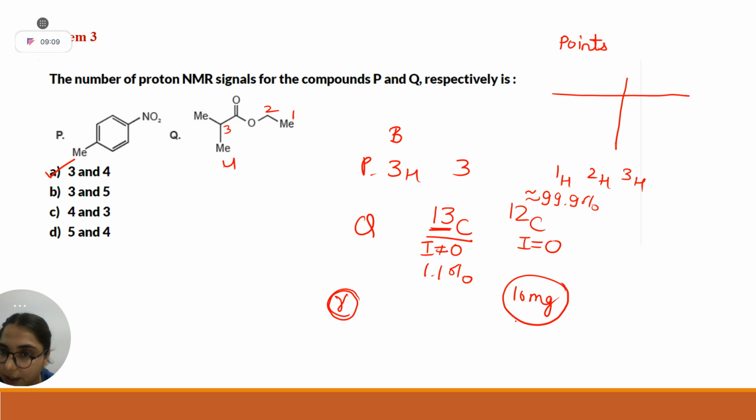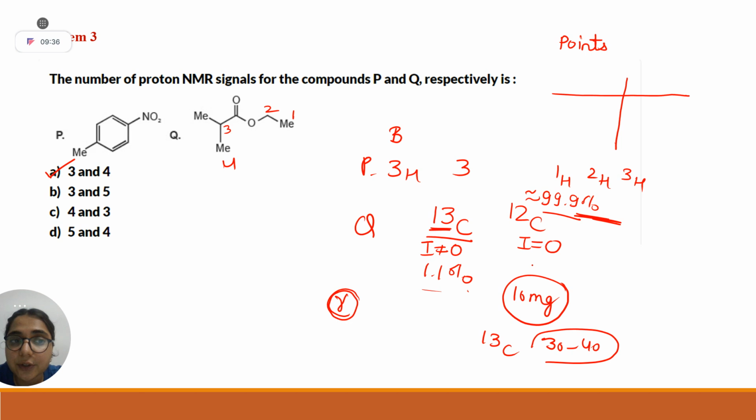But for 13C, you need at least 30 to 40 milligram sample for having a good 13C NMR. Why? Because the abundance of 13C is less, while the abundance of proton is high. Therefore, NMR is highly sensitive for proton NMR. Understood?